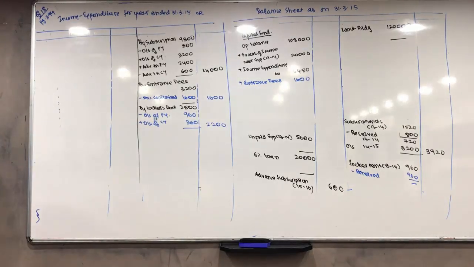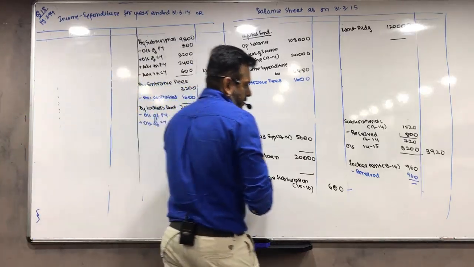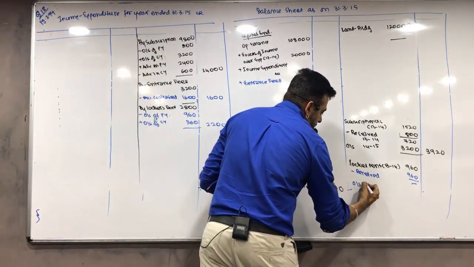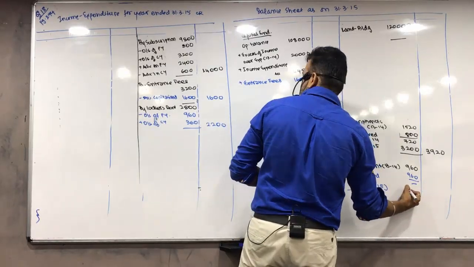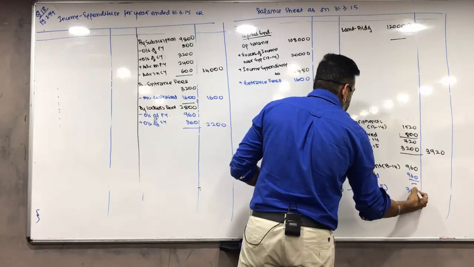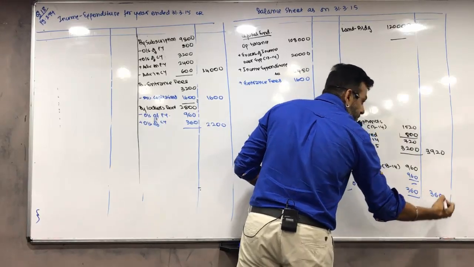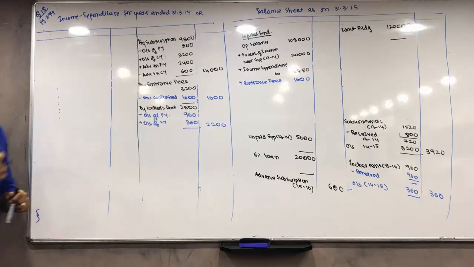Any doubt? Okay. Second effect. Outstanding 1,450. 360. 360. Understood this, all of you?